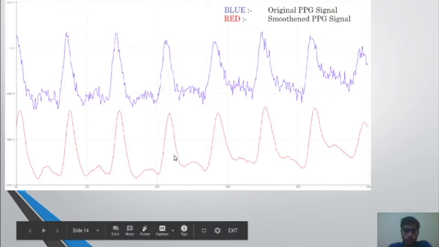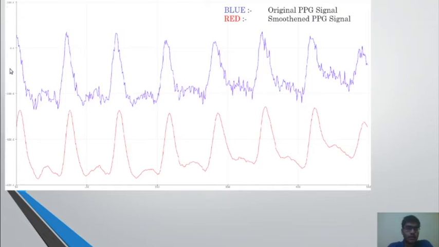Now this is the output which we got, and it is giving us a very good result, as all this spurious noise which we can see in this graph has been minimized after passing through the moving average filter. This has smoothened a lot.